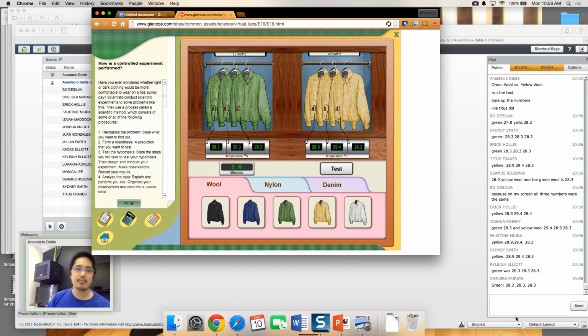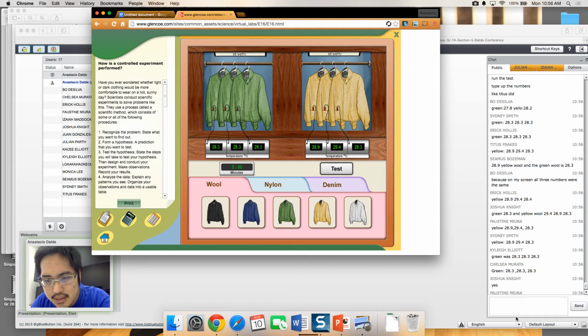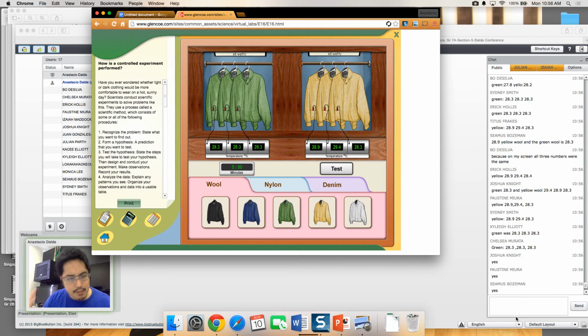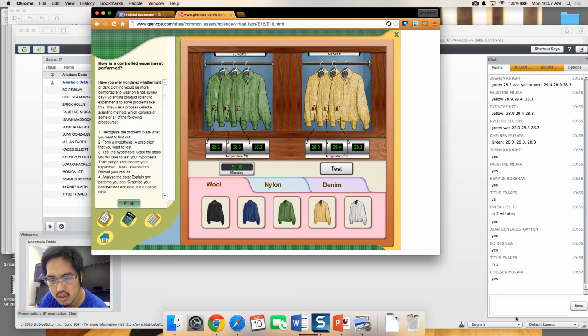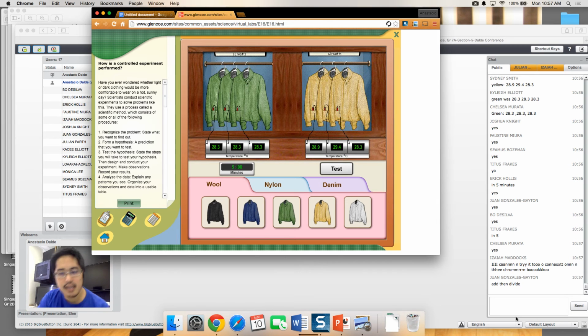Okay. Do you folks know how to average numbers? Is that something you learned in 6th grade math? All right, type up for me, how do you average a number? Add and then divide. Exactly.